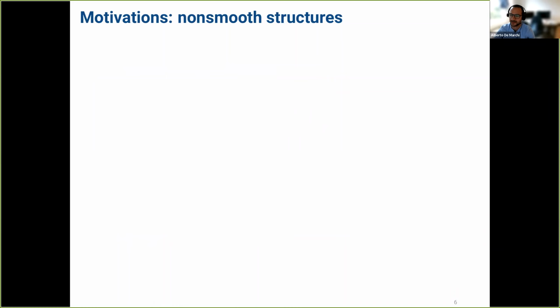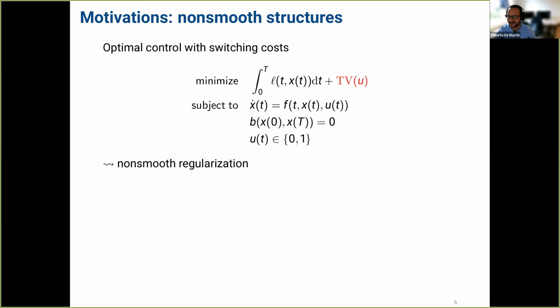The motivation behind this problem class is to deal with nonsmooth structures, and this has a broad meaning. The first motivation for me was to investigate optimal control problems with switching costs, where we have a regularization term in the objective to penalize switches of integer controls. In particular here in red, we have, for example, total variation, or it could be any regularization that makes the control sparser in some sense.